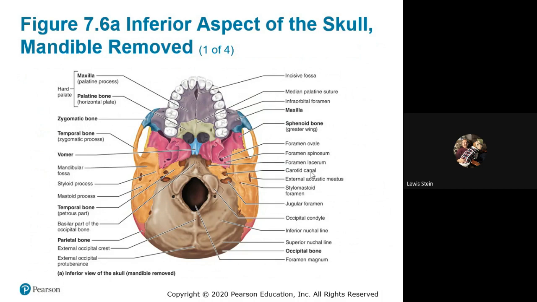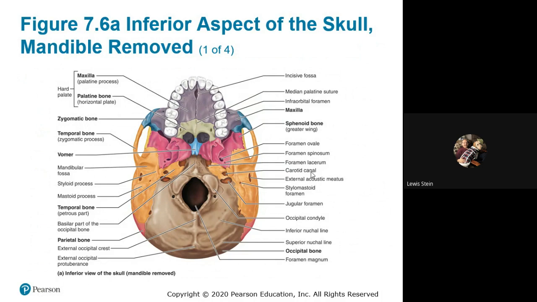When we see openings like that, veins typically are in there. Veins in the body are wide and somewhat flatter than you think, whereas arteries are more rounded. This is called the jugular foramen. So a very, very large blood vessel that carries blood back to the heart from your brain is the jugular vein.